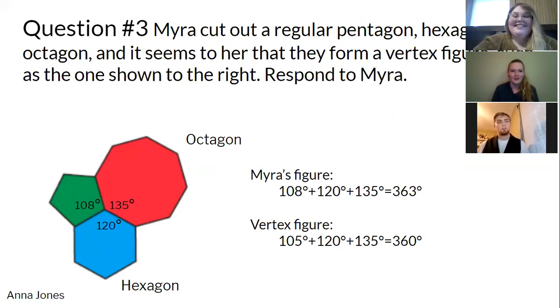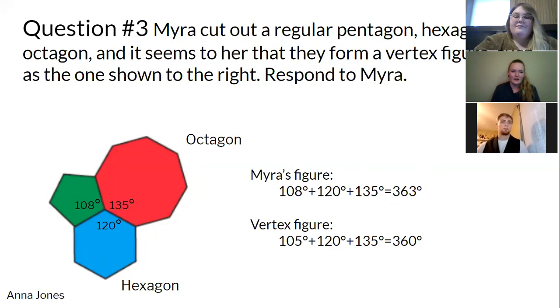All right, and here we have this figure that Myra cut out. She cut out a regular pentagon, hexagon, and octagon, and it seems to her that it forms a vertex figure.